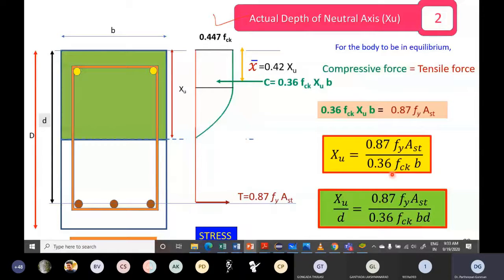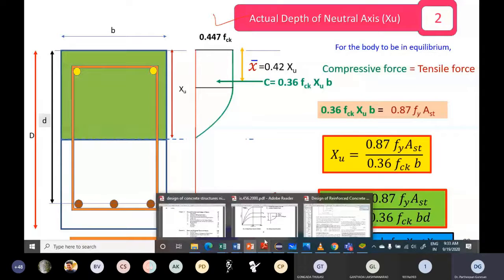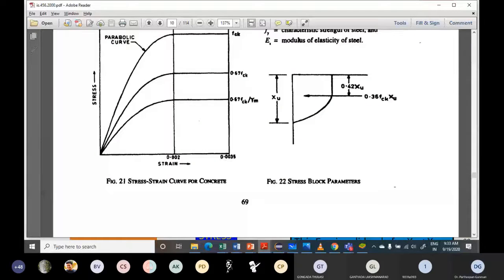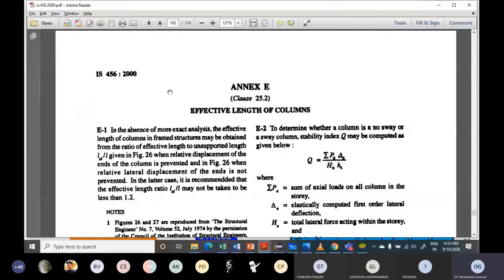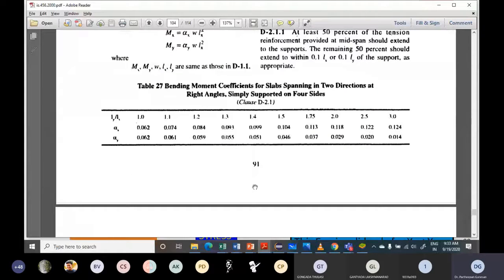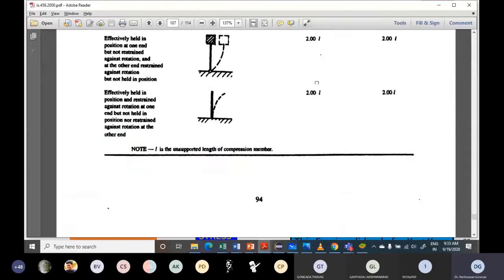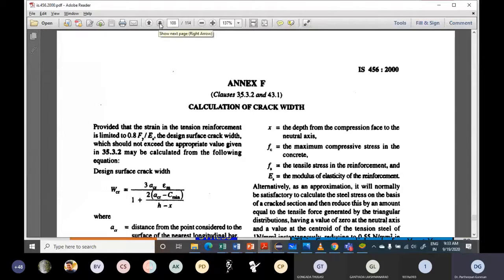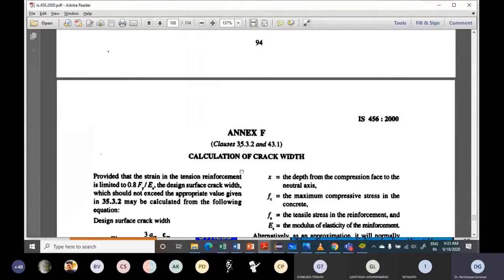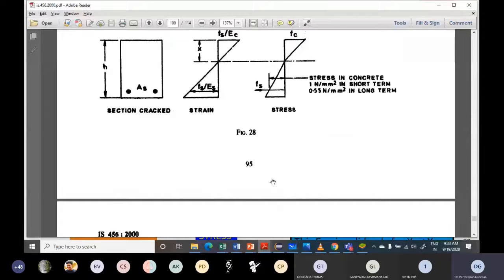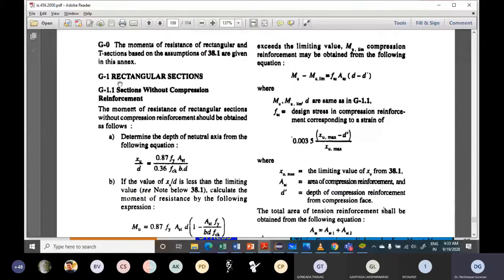And this equation is given on page number 96 of your code. Now I will show you your code. You go to page number 96. Here you see rectangular section without compression reinforcement, because right now we are not dealing with compression reinforcement at all.